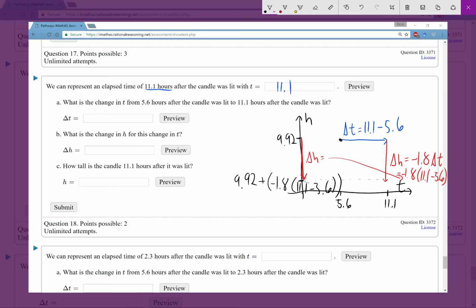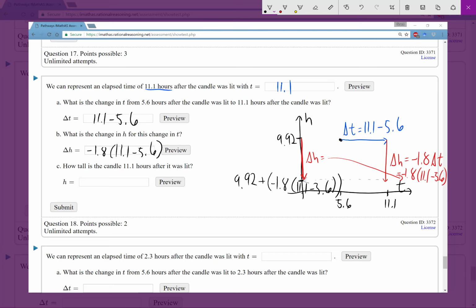So again, the change in time was 11.1 minus 5.6, and iMathAS will compute that value for you. And we know that the change in height has to be negative 1.8 times as large as this value. So the change in height will be whatever this value is.